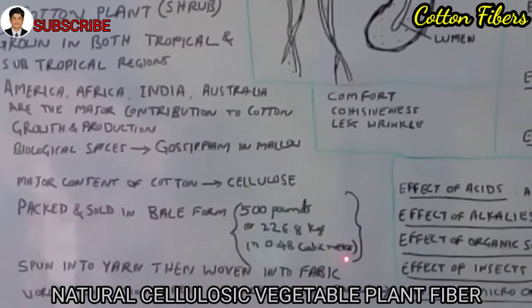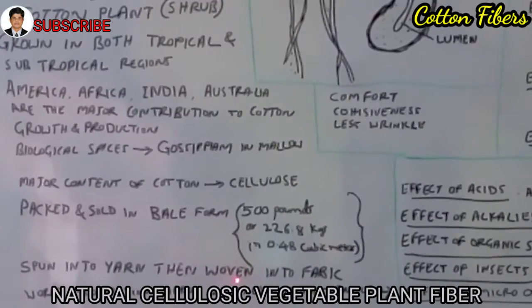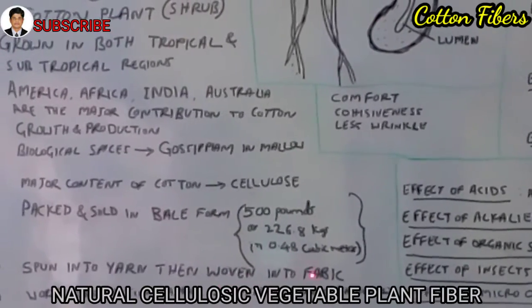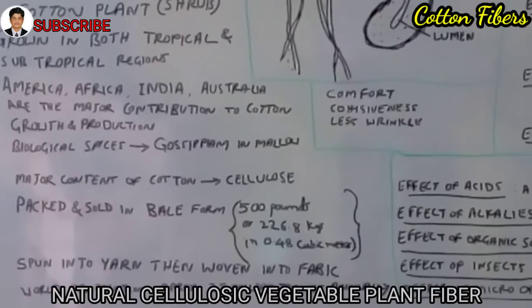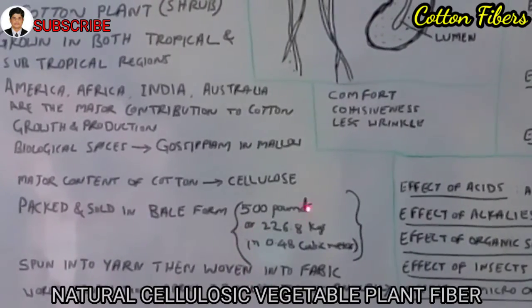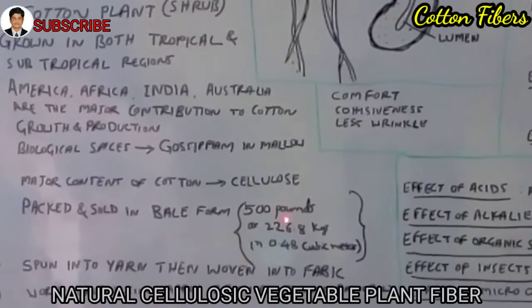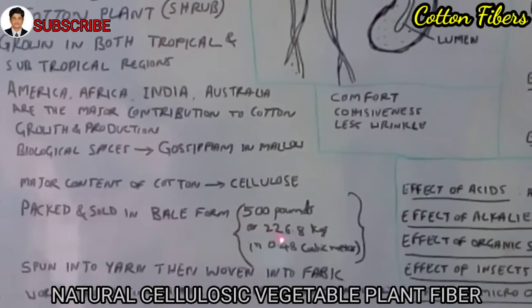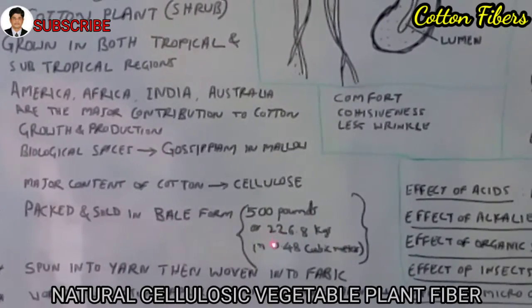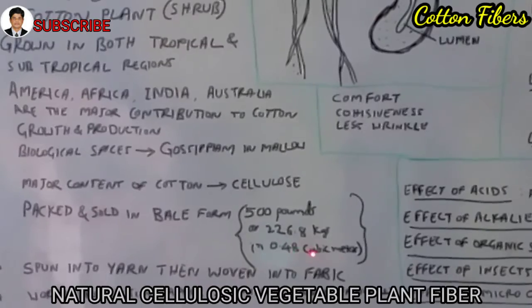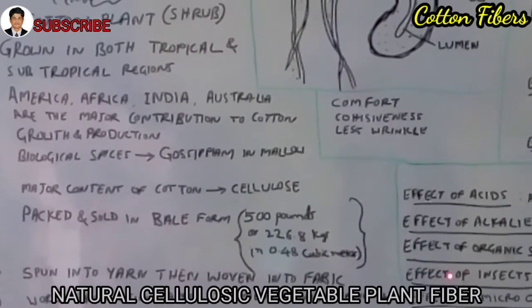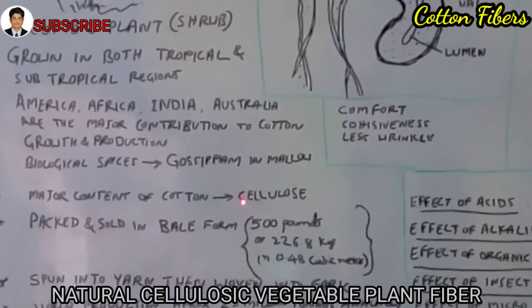The production and efficiency of cotton growth worldwide is going down. But though it is going down, cotton has not lost its demand. This is the king of the cotton textile industry. Cotton is the king of the textile industries.